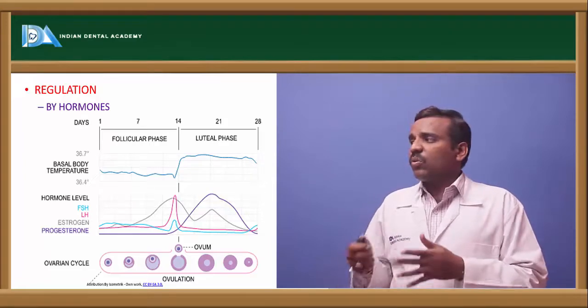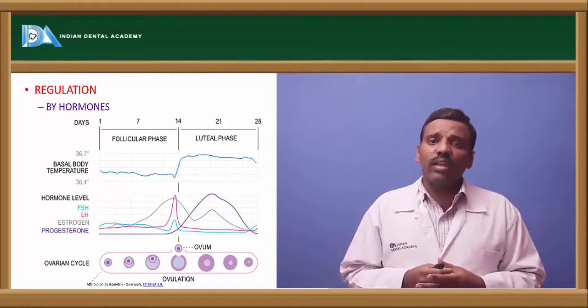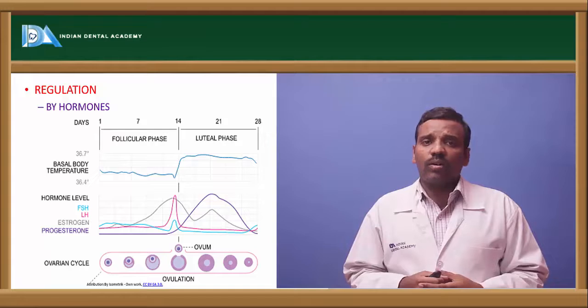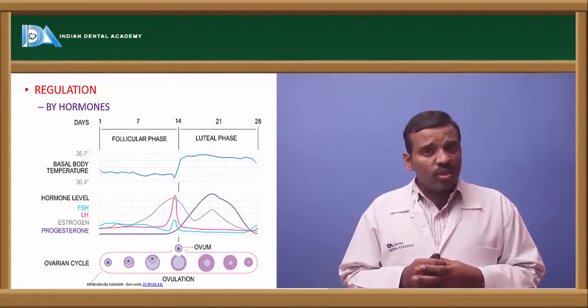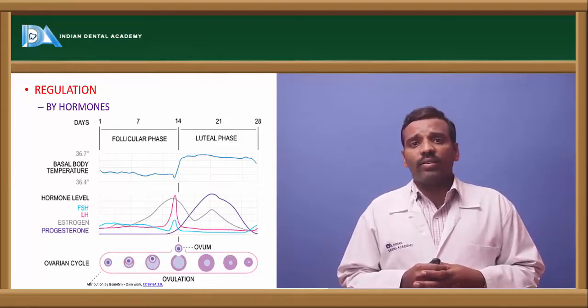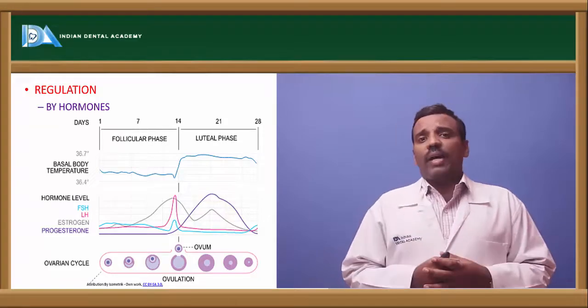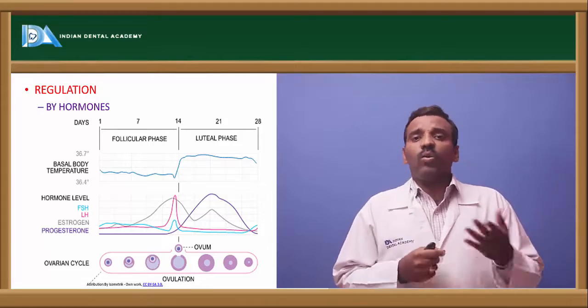And next, this regulation of the menstrual cycle is possible by hormones. There are 4 types of hormones functioning in this regulation. One is FSH, which is produced from the anterior pituitary gland, another one is LH, which is produced from the same anterior pituitary gland, and estrogen and progesterone, which are produced from the ovary.